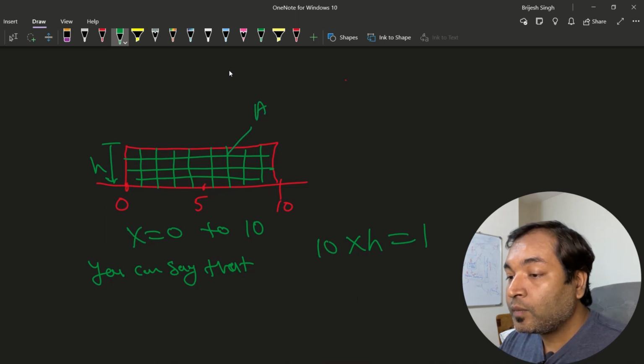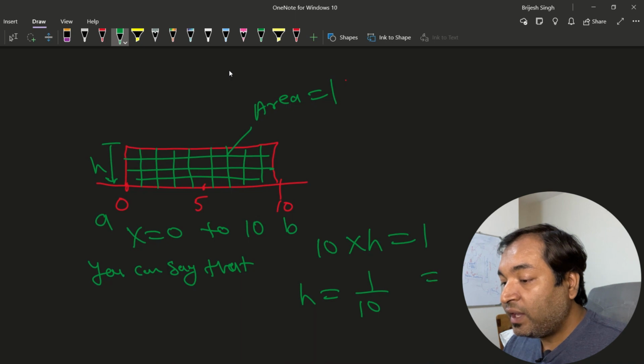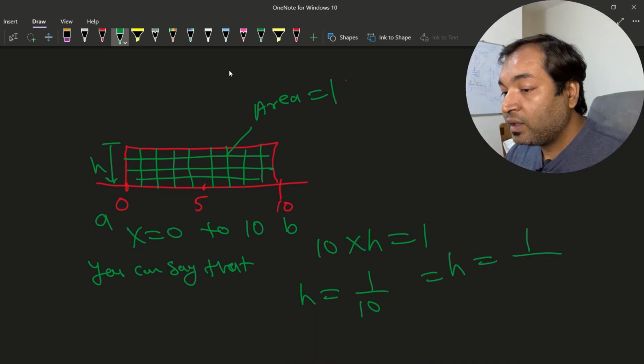So the area is equal to 1, right? So what would be the h? 1 by 10. So you can also say, with a and b, h equals 1 upon b minus a.